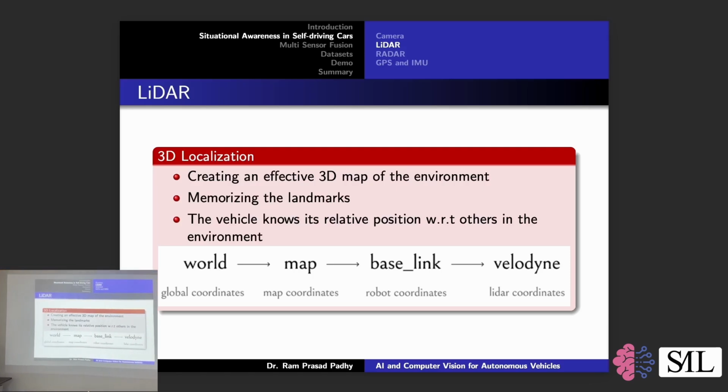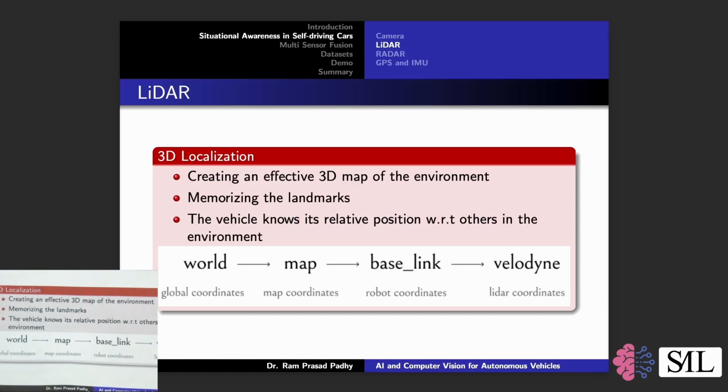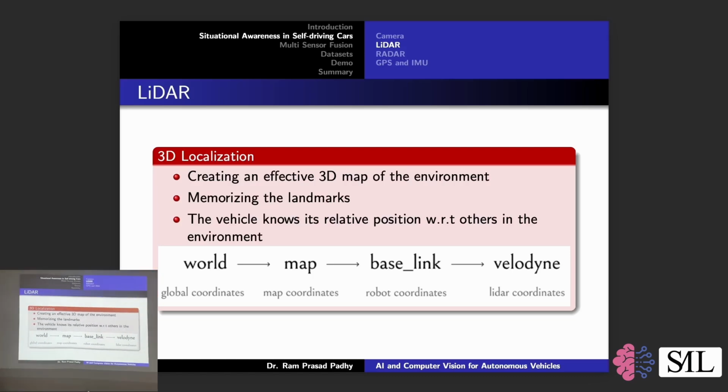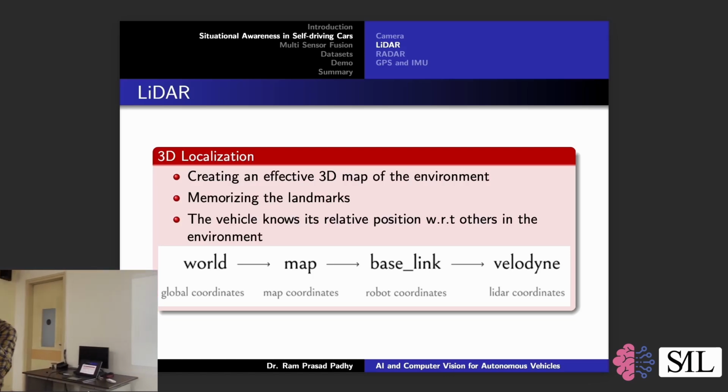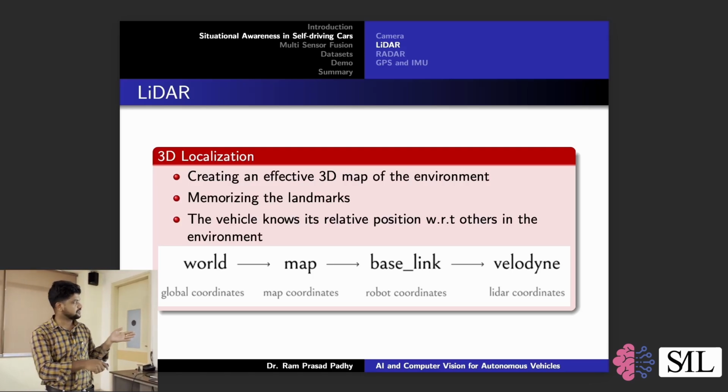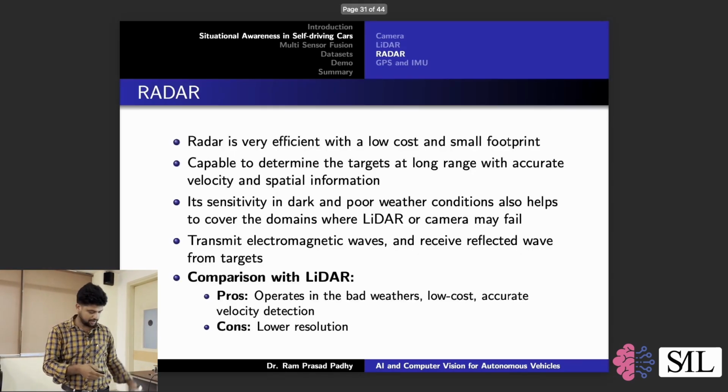Because now we are in 3D and we know what kind of objects are there and their distance, we can definitely do localization and mapping. Generally we do simultaneous localization and mapping to create the SLAM environment, so that we can know the whole map. That is where localization comes into the picture. I will not go into details, it's already too much time.